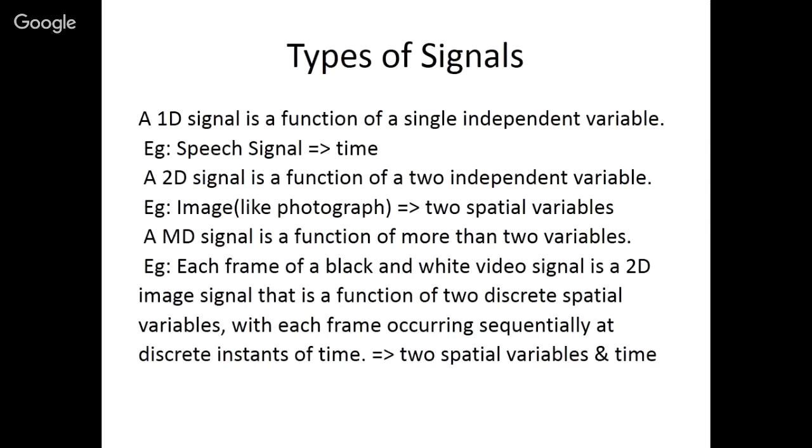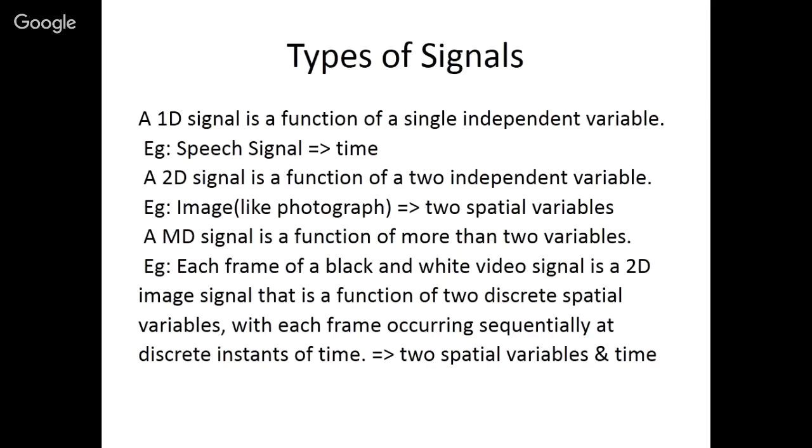A two-dimensional signal represents the signal with two independent variables, for example an image, which can be represented with the help of pixels, that is x and y. A multi-dimensional signal is a function of more than two variables. For example, the video signal is an example of a multidimensional signal.